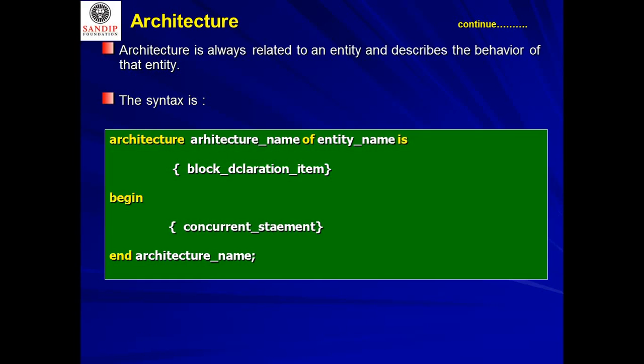End, name of the architecture. In this syntax, the words shown in yellow color are inbuilt constructs, reserved words. We cannot use them as user defined names or to write the architecture name. Whatever is shown in white color are user defined names. They are used to describe the operation of the design.